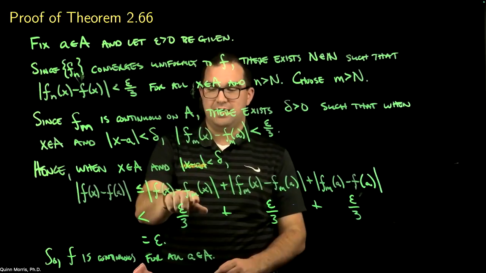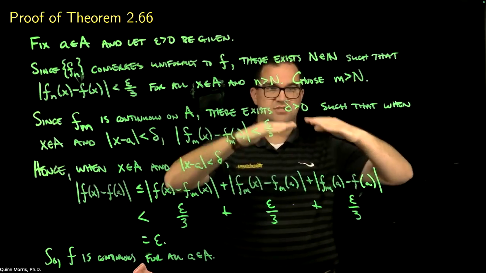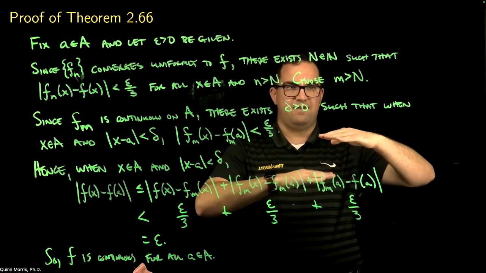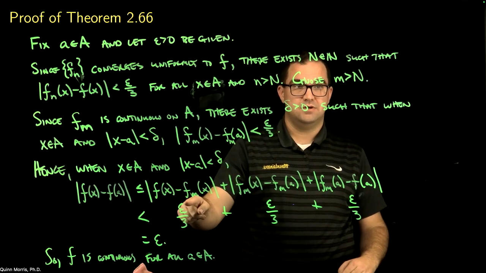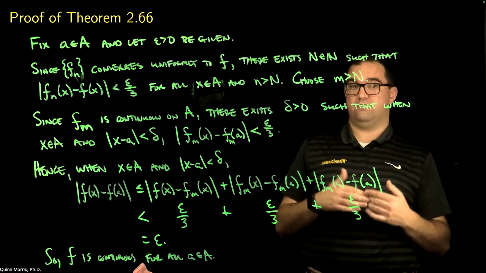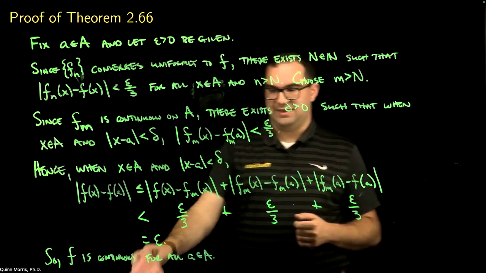I need the same m so that my f sub m of x and my f of x are within epsilon over 3 of each other for every x. So I really have to have the uniform convergence here. If I don't, I can't control these terms in the way that I need to.